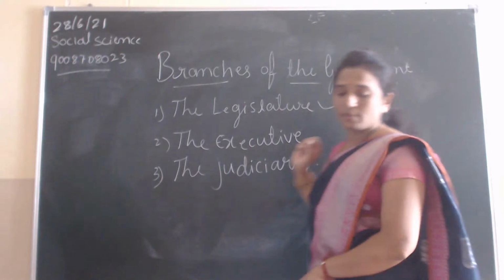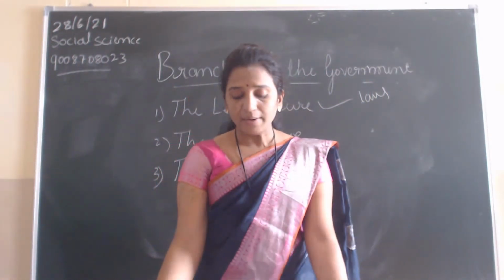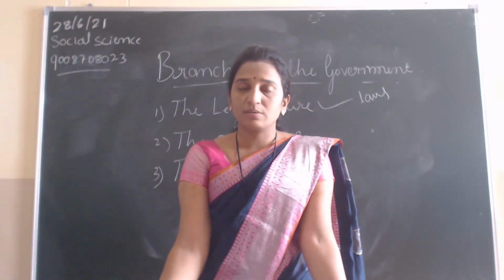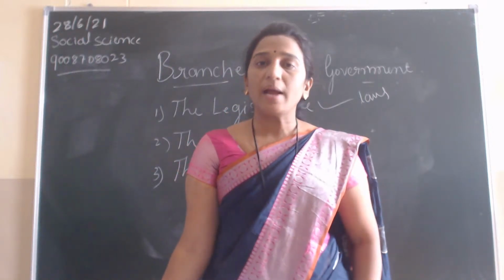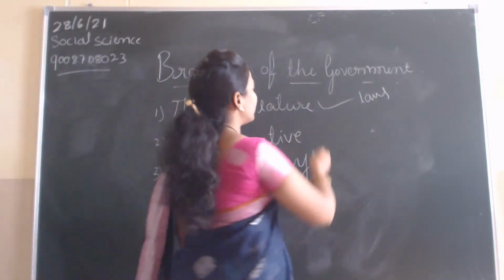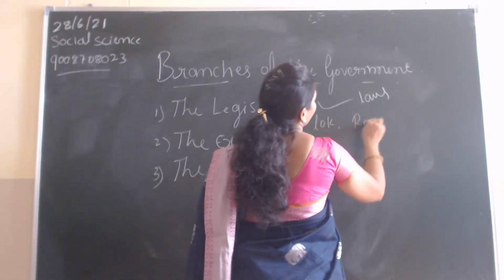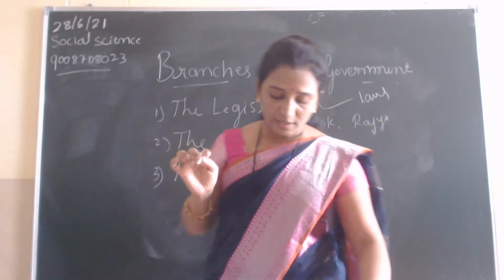And the powers are vested in the parliament, which consists of the president and two houses, that is Lok Sabha and Rajya Sabha. One is the Lok Sabha, one more is the Rajya Sabha. These are the two sabhas.